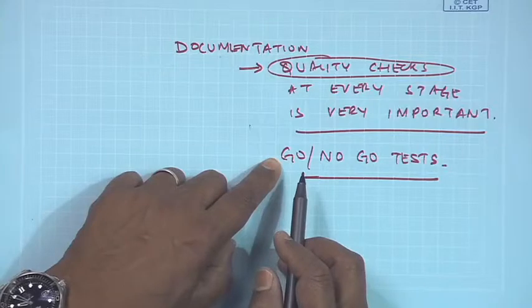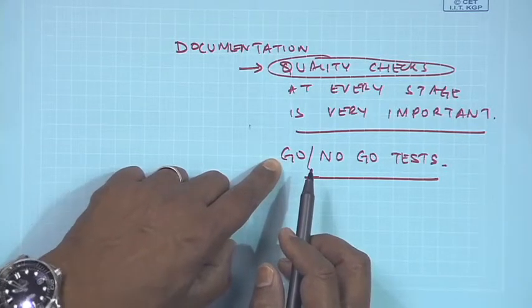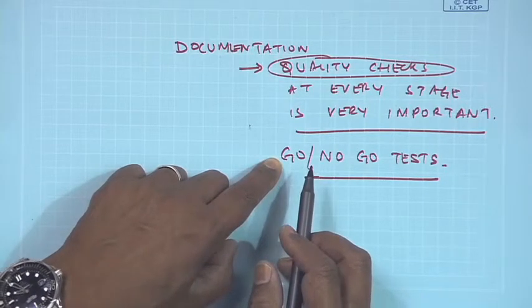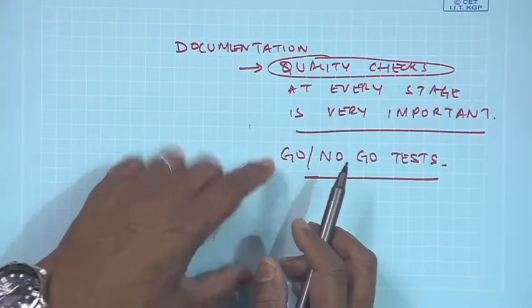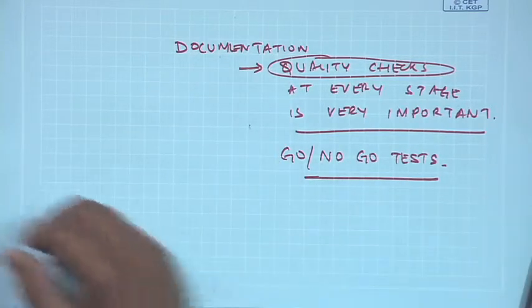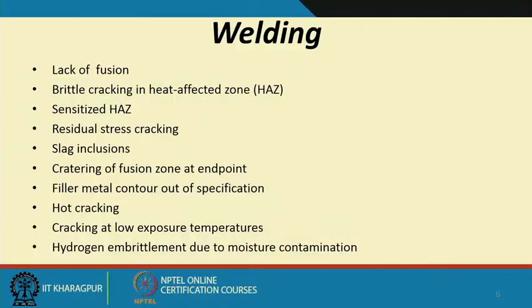So, one stage where we overlooked a crack in the cylinder casting because the dye penetrant quality check was not done, we will end up with a problem downstream. So, these are to be avoided as good designers or manufacturers.